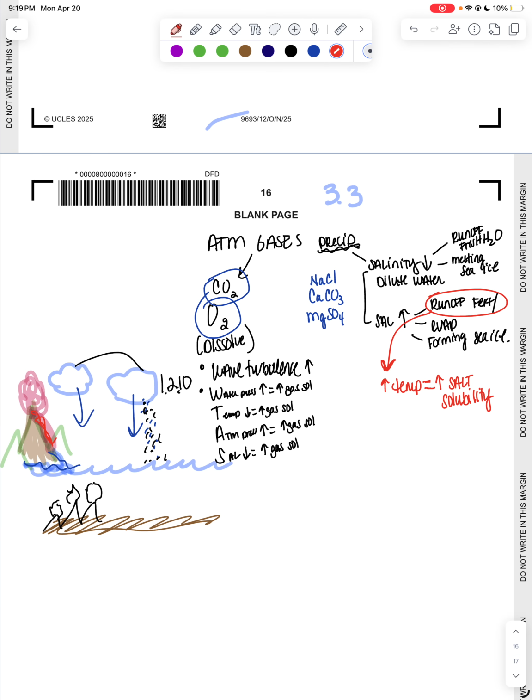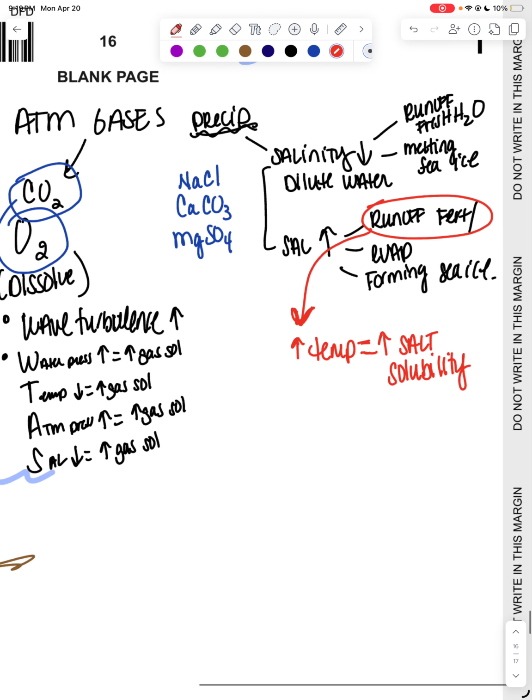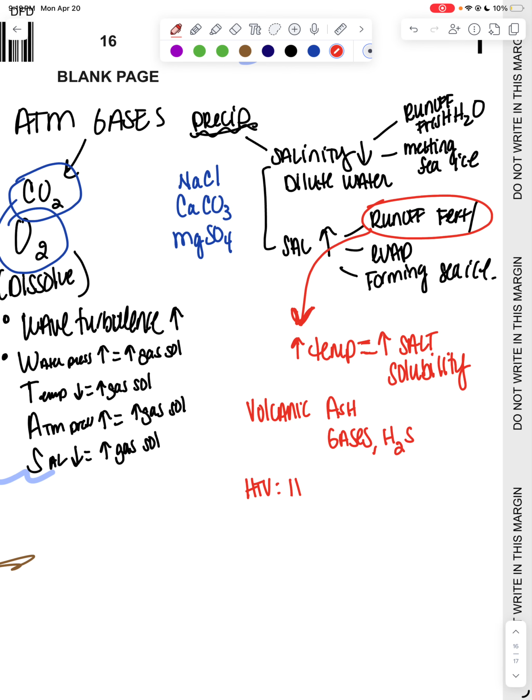Okay, so we did talk about our runoff from the land. How about this? We got volcanoes. Volcanic ash. We can also have volcanic gases. Volcanic gases may be like hydrogen sulfide. It also comes out of a hydrothermal vent. Hydrothermal vents have H2S, hydrogen sulfide.